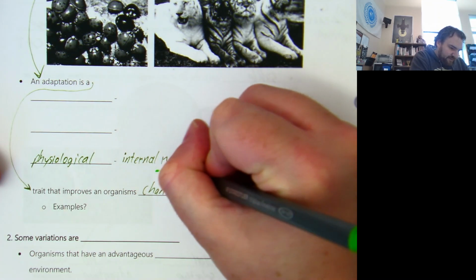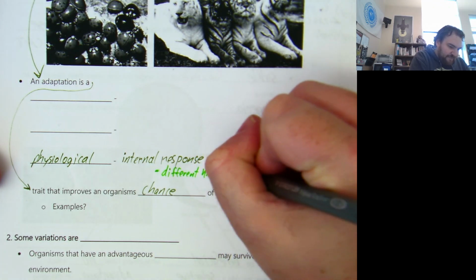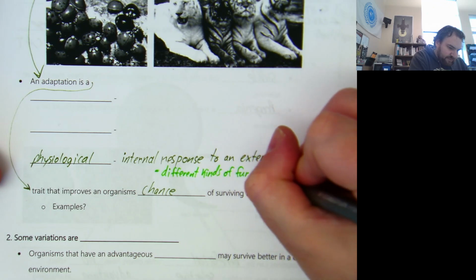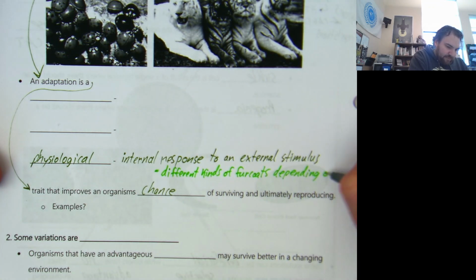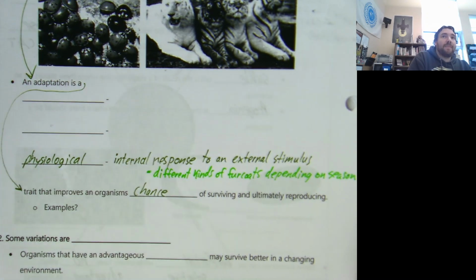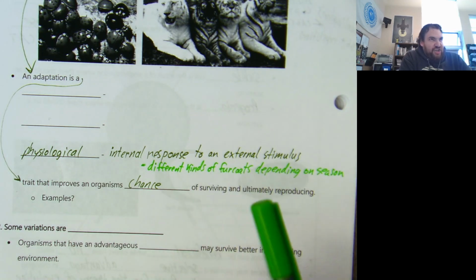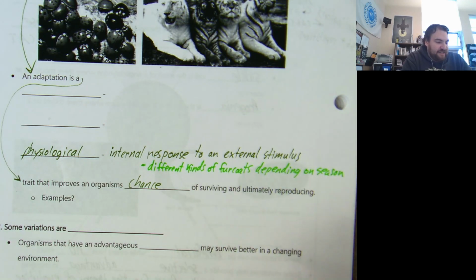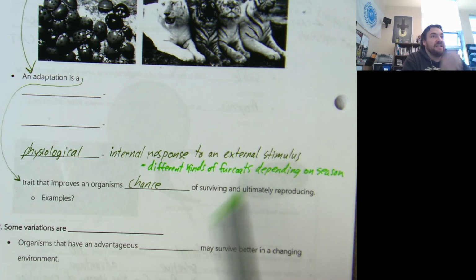Different kinds of fur coats depending on season. But the changing coats is the one I want to hone in on, because that's a really good example of a physiological one. The internal change to an external stimulus, depending on the time of year.